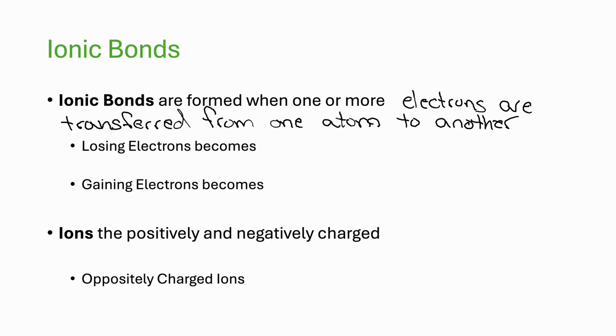So losing electrons becomes positively charged. Positively charged ions have lost an electron, which is a negative particle, making them have one more proton than electrons. Gaining an electron becomes negatively charged.